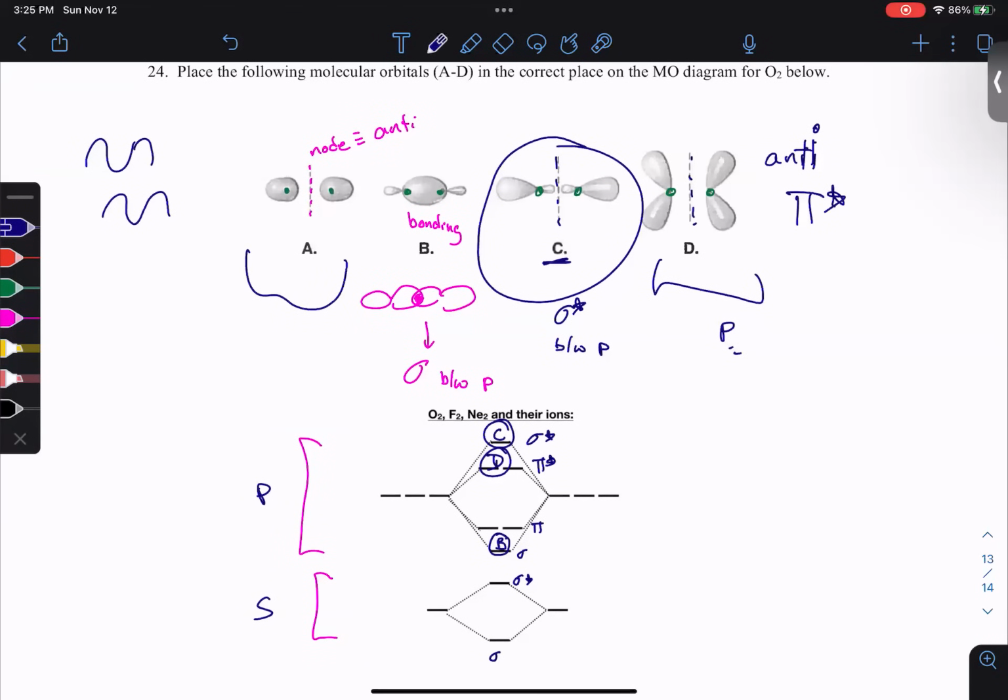And then finally, let's go back to A. Is it bonding or anti-bonding? Anti. Who are its parents? S orbitals. And then finally, is it sigma or pi? Sigma. Will you find pi interactions with s orbitals? No, you won't. So this is a sigma star within the s interactions.